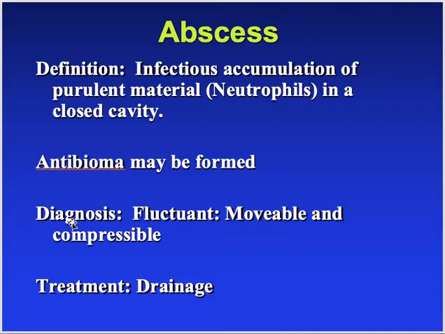Whenever there is any infection at any part of the body, the infection fighting cells, which are WBCs, migrate towards that area, and they release the cytokines and oxygen free radicals. Of course, in the process, they die and collect over there, and that is basically what pus is composed of.